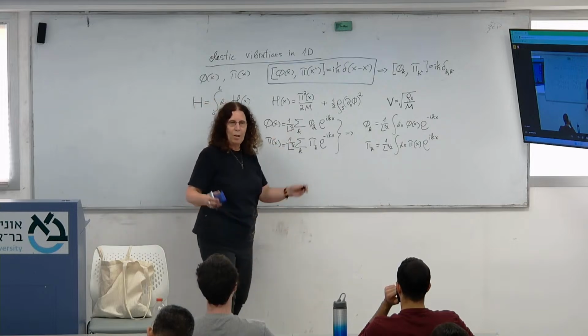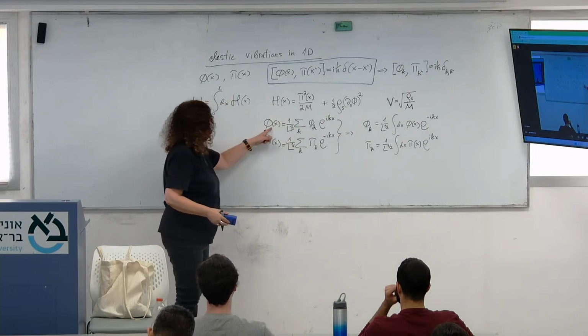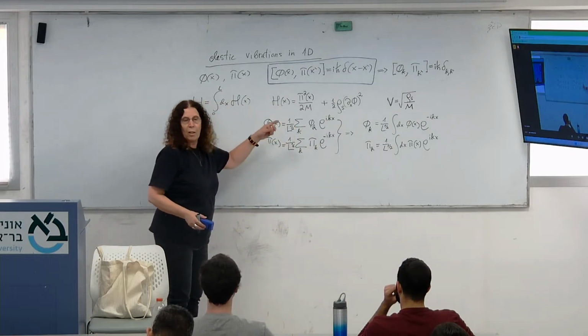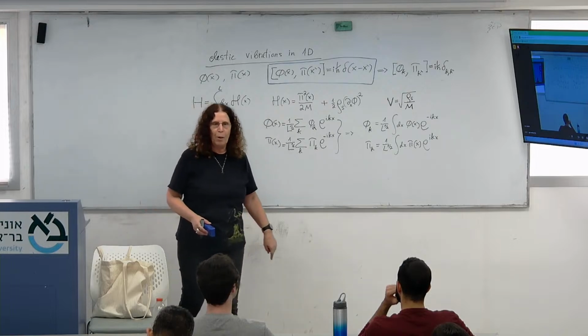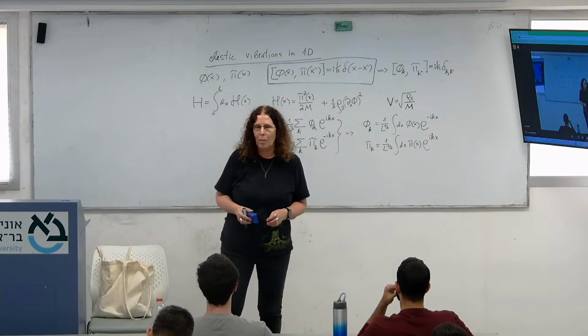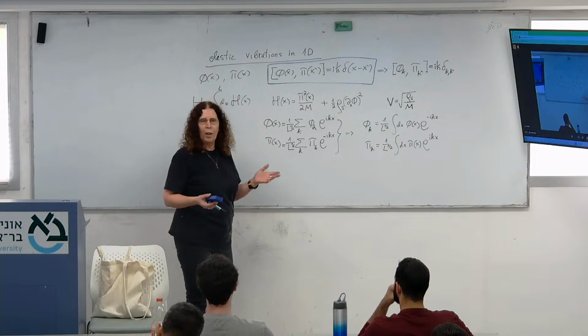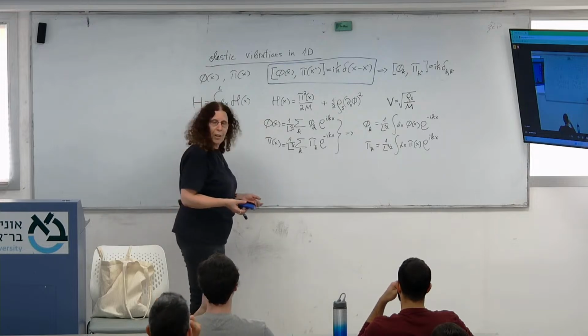Because you have some boundary conditions, and phi of x has to obey the boundary conditions. At the moment, it doesn't matter what kind of boundary conditions, because we are always interested in the thermodynamic limit where L goes to infinity. So it can be a vanishing boundary condition, or it can be periodic boundary condition.